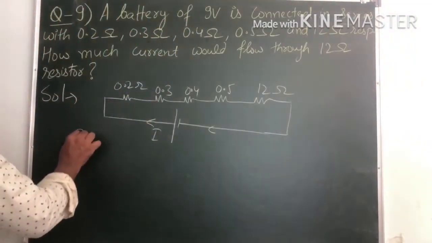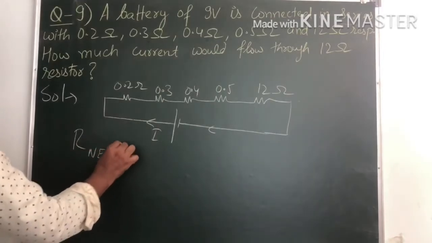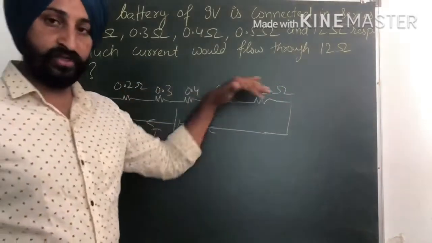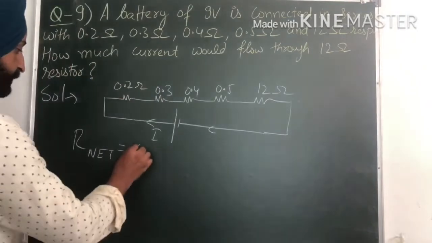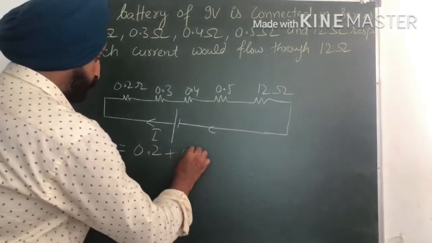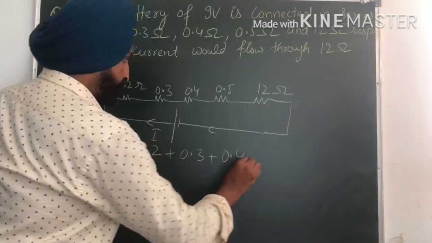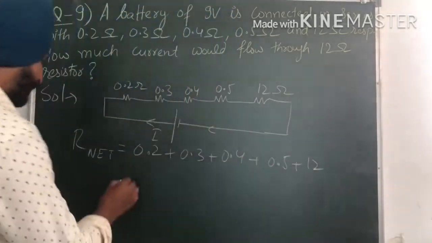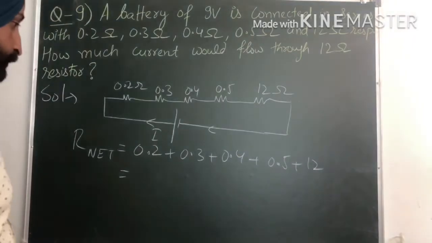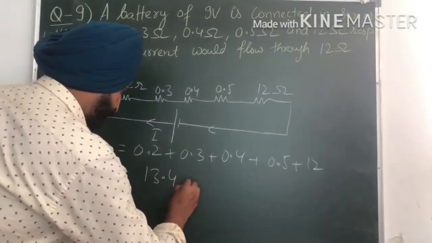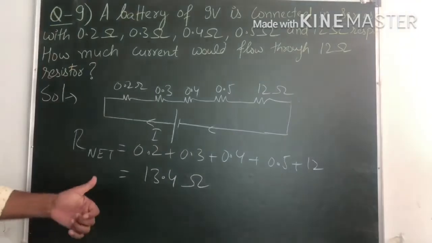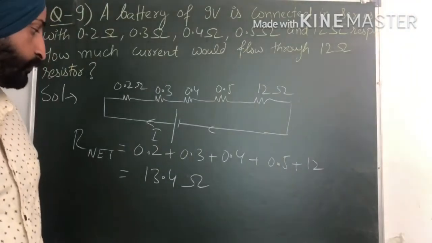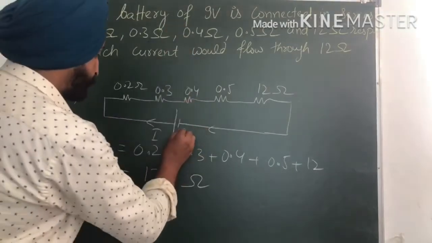I know the formula for net resistance in series is just the sum of all these resistors. So I would be writing 0.2 plus 0.3 and so on, so our net resistance would be equal to 13.4 ohm.